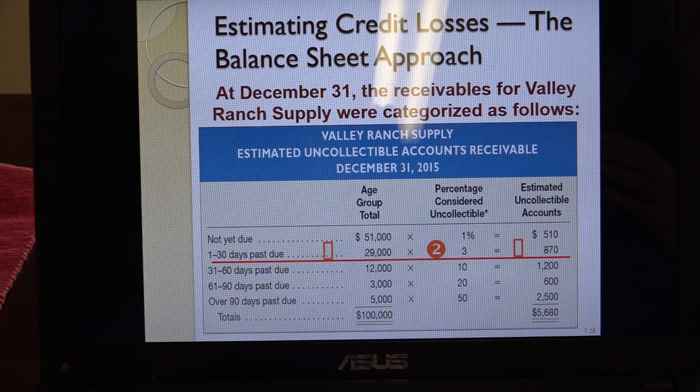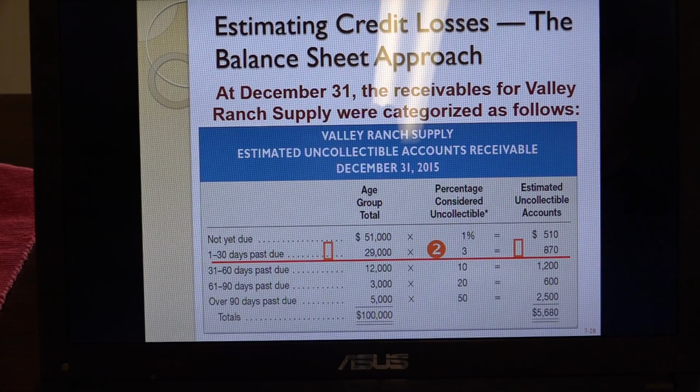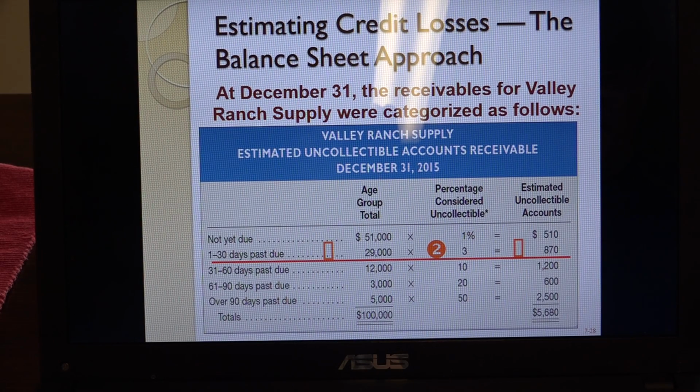Okay, so notice 31 to 60 days past due, 12,000. The balance is going down the further out you go, but the percentage considered uncollectible is going up, as it should. So here we predict 10% is uncollectible, so we multiply 12,000 times 10% to come up with 1,200 uncollectible, and on and on.